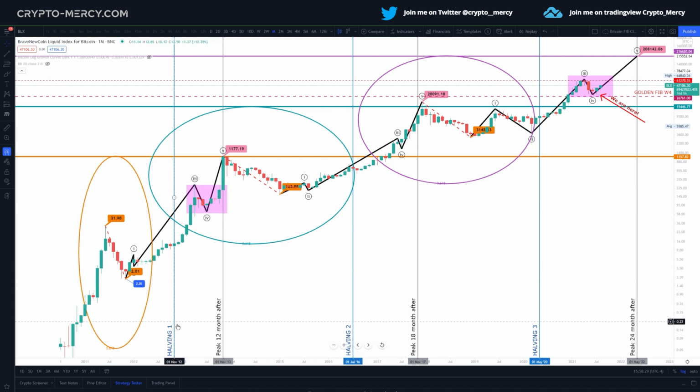After the last halving, halving 1, we had the top of the bull market 12 months after. Halving 2, we had the top of the bull market 18 months after. Halving 3, we had the end of the bull market 24 months after, which brings us around May 2022.